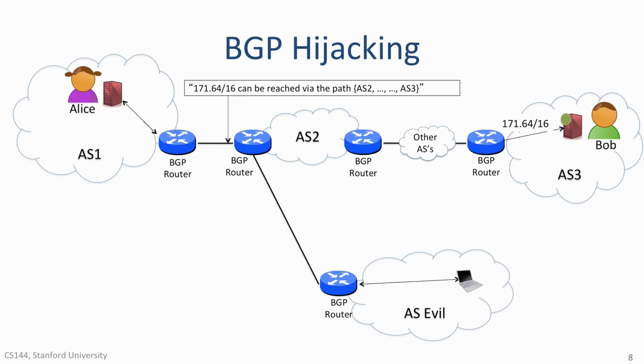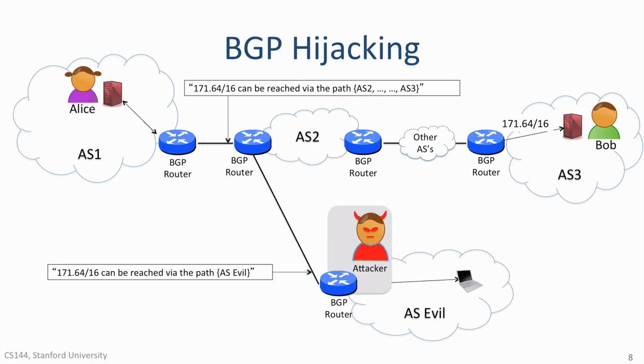The attacker has a different idea. The attacker is able to take over and control the BGP router in AS evil. Once the attacker has control of the BGP sessions between AS evil and AS2, it can advertise new false AS paths. For example, it can advertise a path saying that the 16-bit prefix 171.64 can be reached via AS evil instead.